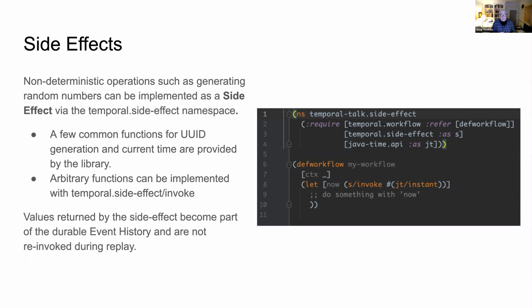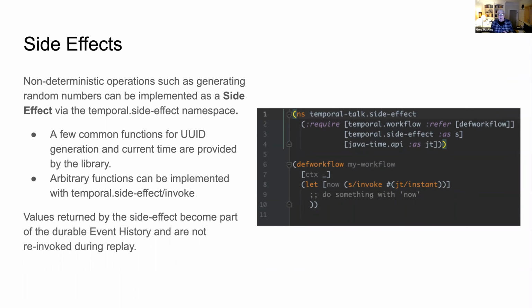It's unlike an activity in that it's meant to run something very short and very local to the code. So use it for things like generating an encryption key or a UUID or a timestamp, things that are non-deterministic, but not heavy enough to need to launch off a full activity to do it. So there's a side effect API.